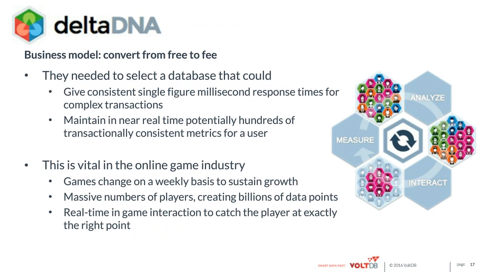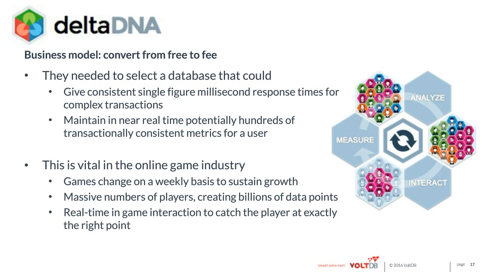So Delta DNA is a partner of ours, and the business model for Delta DNA is being able to observe player behavior from their customers. Their customers are the actual game makers. So the game makers partner with Delta DNA to send the game session information to Delta DNA in real time, and when the data is coming in, Delta DNA now actually has a fast and big data implementation together of VoltDB and Vertica playing together.